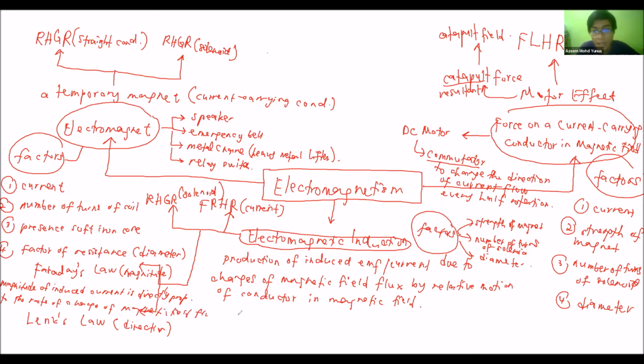So basically the factors over here are all regarding the law. We change the strength of the magnet, then we change the magnetic field flux. We change the number of turns, we change the magnetic field flux as well. We change the diameter, we change the resistance that the current can flow through. Thus, we also change the rate of change of magnetic field flux.